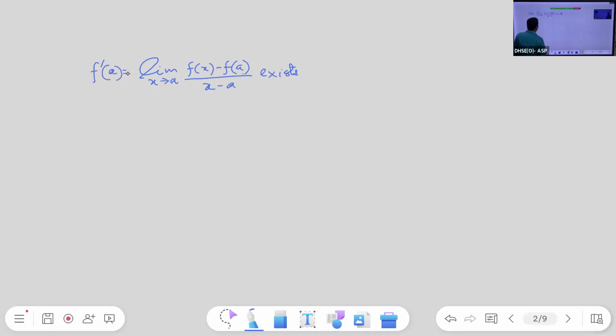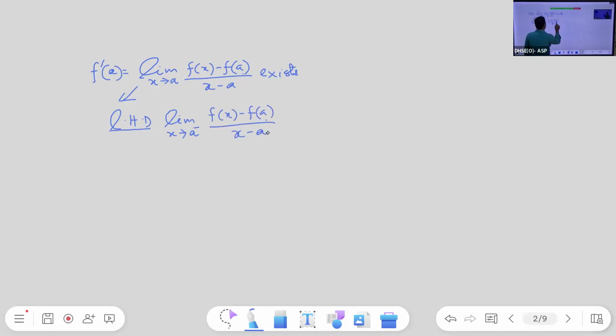And all of you know that the limit of a function at a given point exists only when its left hand limit exists, right hand limit exists, and they are equal. So if this limit is the derivative of the function, then the left hand limit of this will be the left hand derivative, that is limit x tending towards a minus, f of x minus f of a upon x minus a.